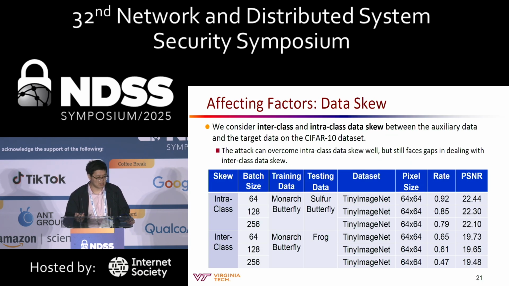And also the data scale, the interclass and intraclass data scale between the auxiliary data and target data. The interesting point here is that our attack overcomes the intraclass data scale. I think that's intuitive, but we do face difficulty dealing with the interclass data scale. If you only have dog samples in your auxiliary data set as an attacker, you may have some difficulty reconstructing the images of cat samples.